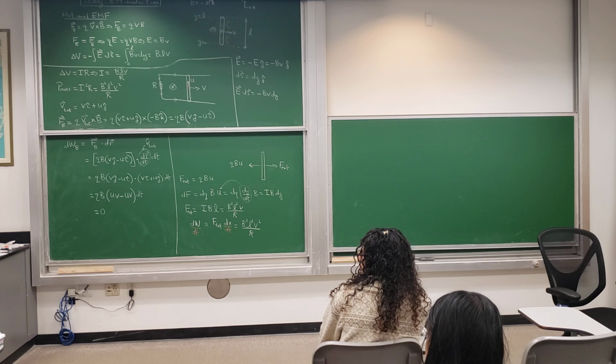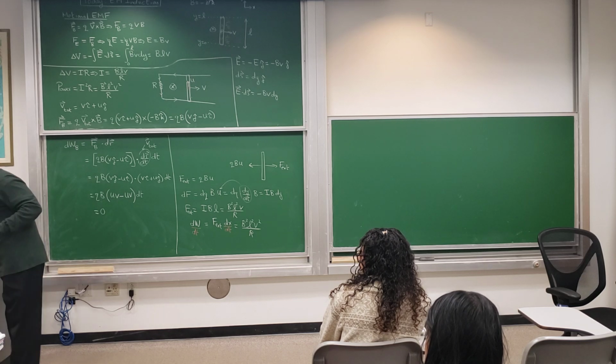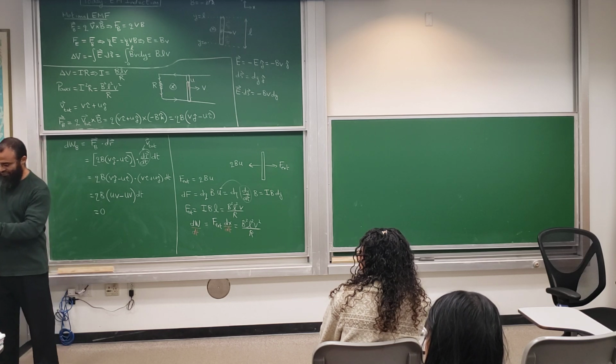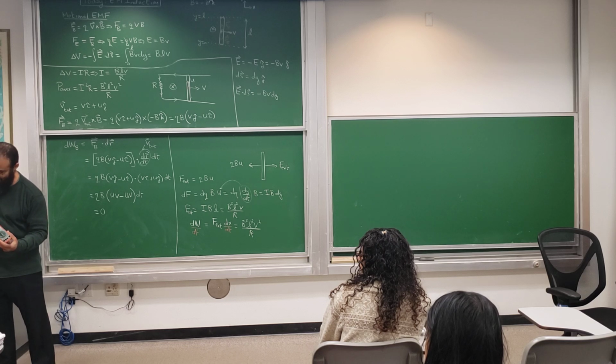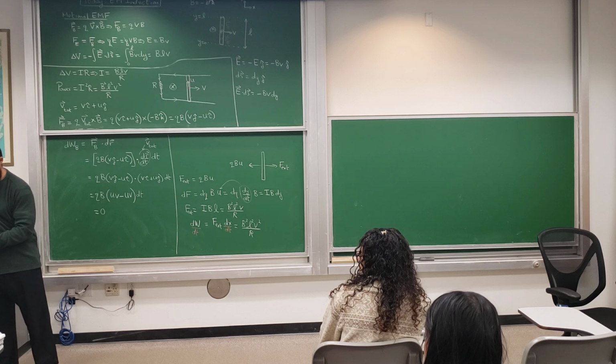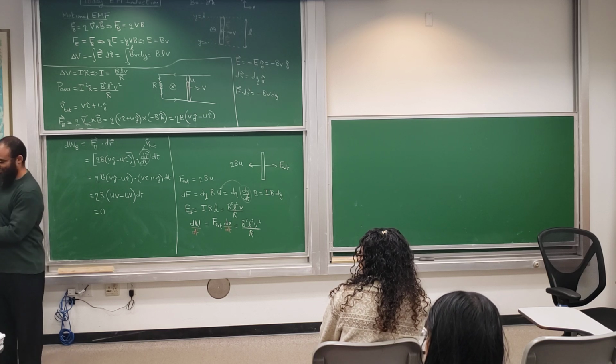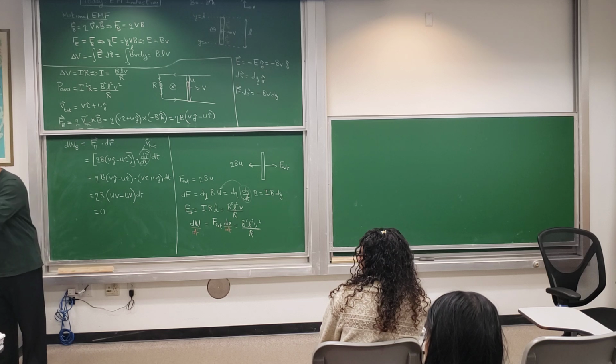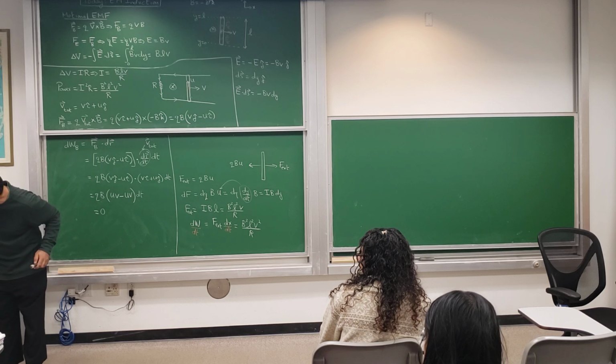By the way, we can also be more quantitative. I have a voltmeter here, and we can switch the plus and minus on that. So this is the voltmeter. I don't know if you can see the numbers or not.